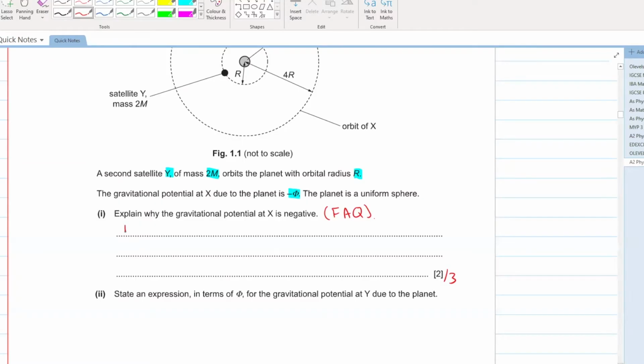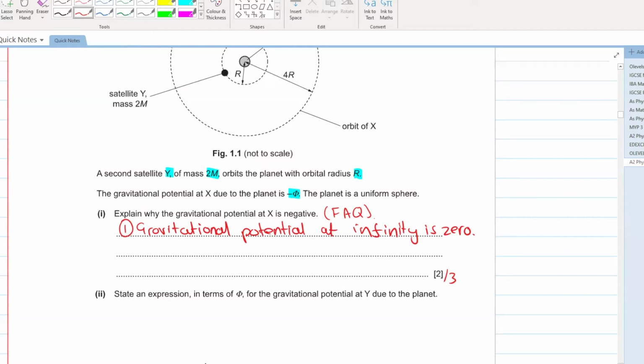First of all, you will say gravitational potential at infinity is 0. This will give you the first mark.